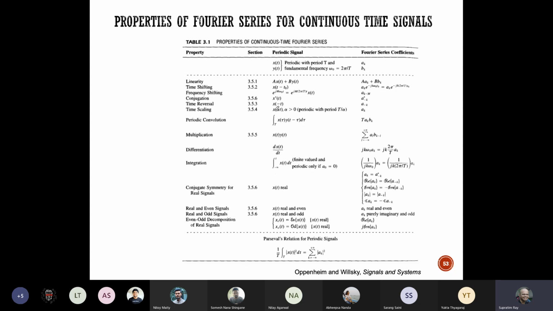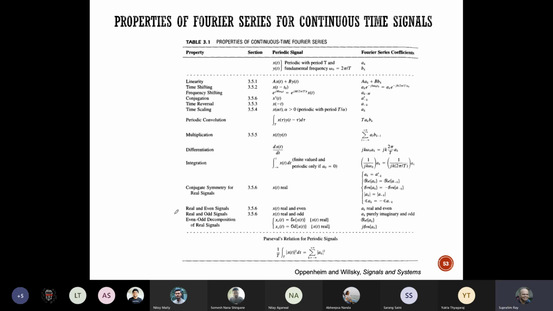Okay, folks. So Fourier analysis is amazing in a lot of ways. And one reason is that it has incredibly nice properties. So when we learned Fourier analysis, we would spend a lot of time talking about each of these properties.